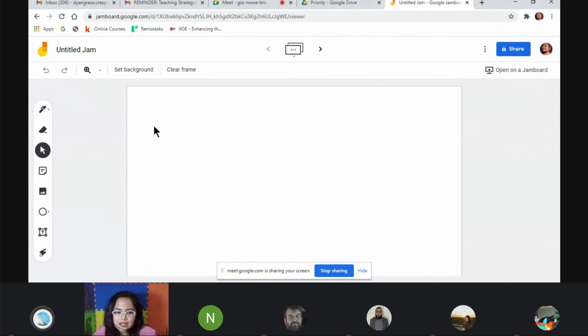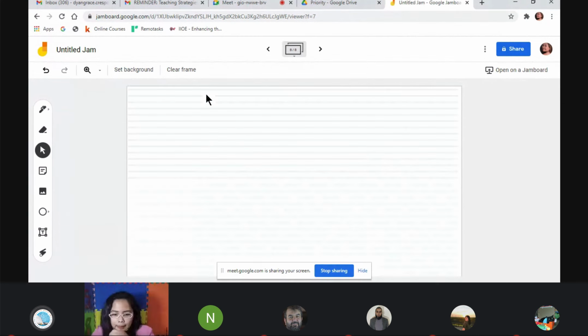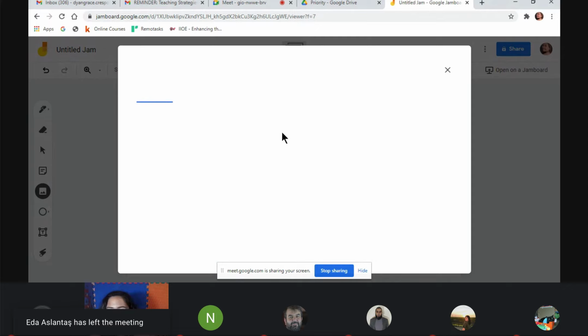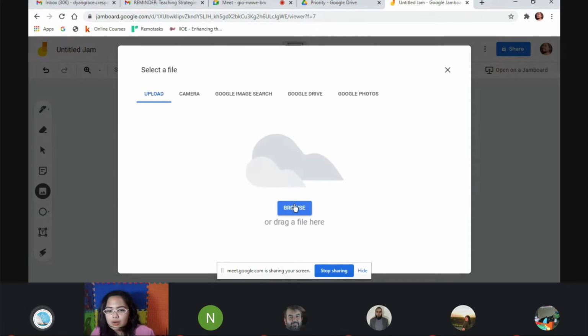Then you could ask them, what is the color? You actually could prepare this ahead of time. You could have more boards, and you could set a background. For example, since they're 6 years old, you could have lines, and you could ask them to write down. I could also put a picture, and you could ask, what color is this?